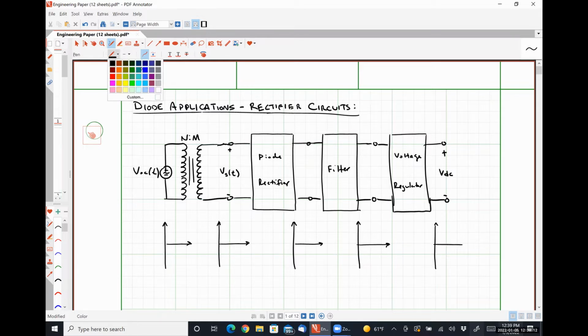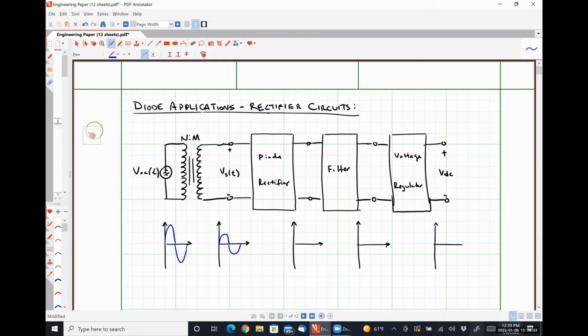We should have something like this. So we have a large scale AC signal that's going to be transformed into a smaller version of that same AC signal. It'll have the exact same frequency, phase angle, and all that kind of good stuff.